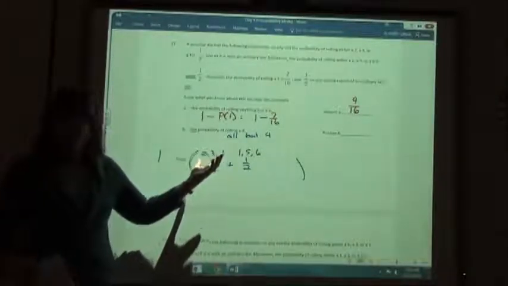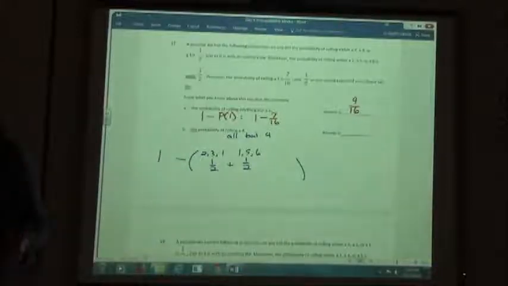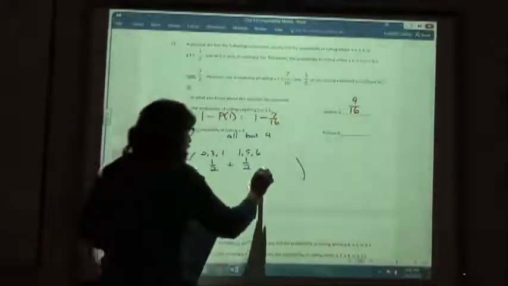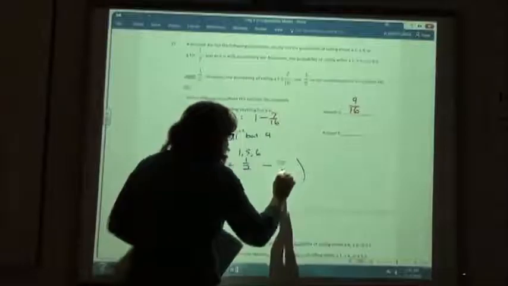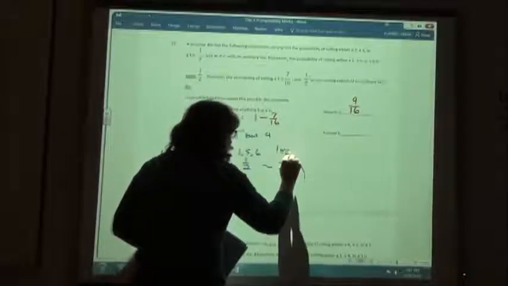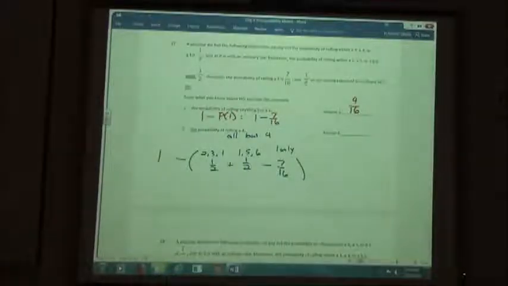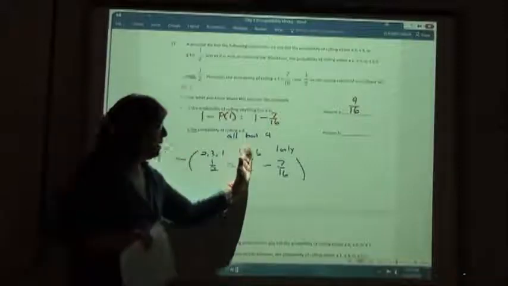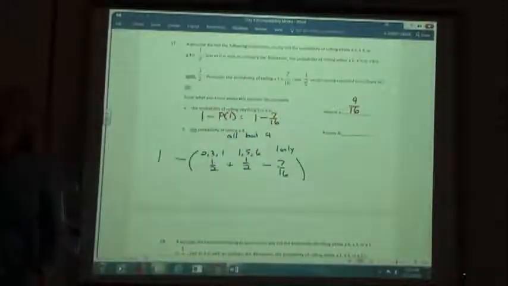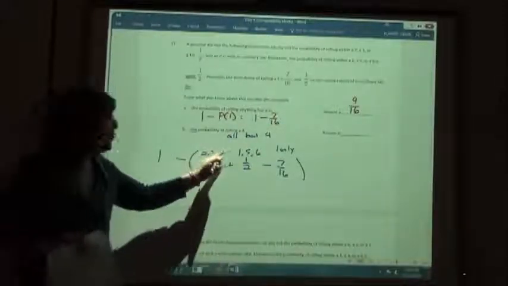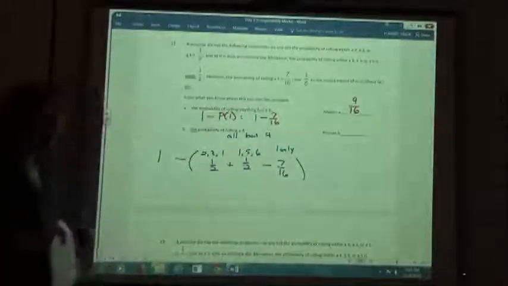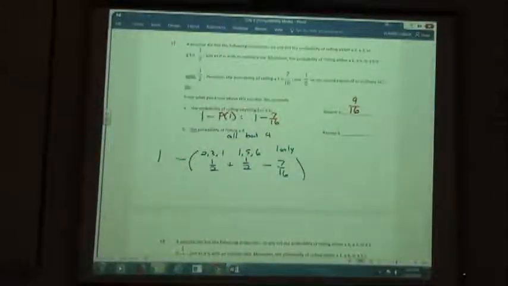So I have to subtract off that probability of just getting a 1. And so my problem's going to look like that. If I'm going to get all but the 4, I'm going to have every number except for the 4. And since the 1 repeated, I've got to subtract it off my problem. So you're going to do 1 minus, and in parentheses, 1/2 plus 1/2 minus 7/16.